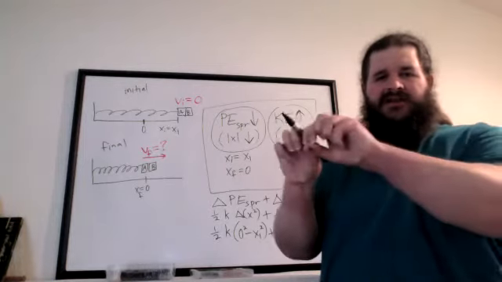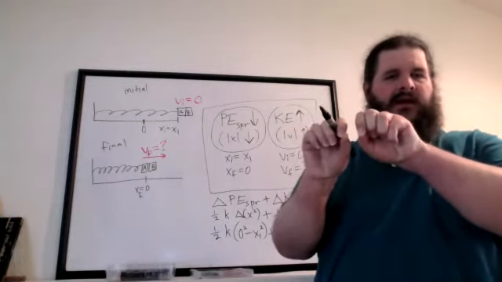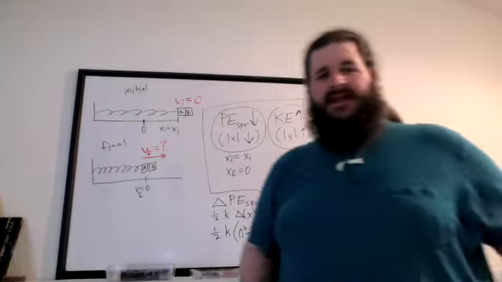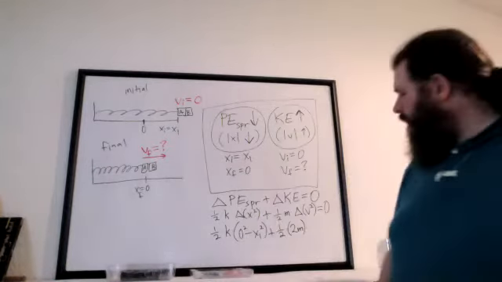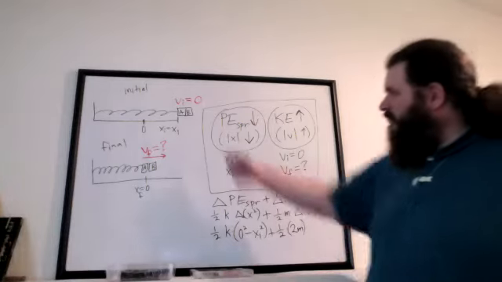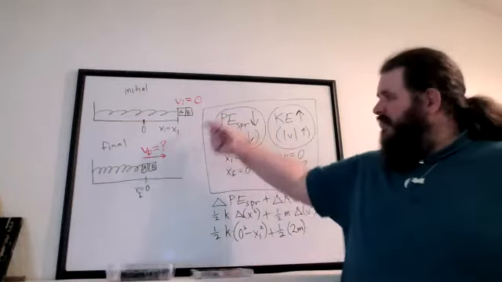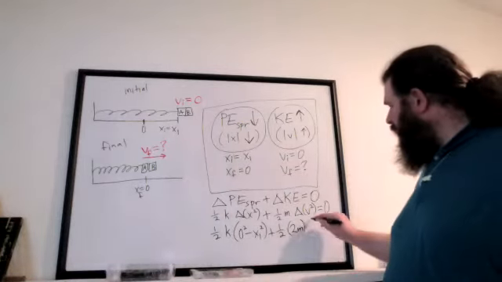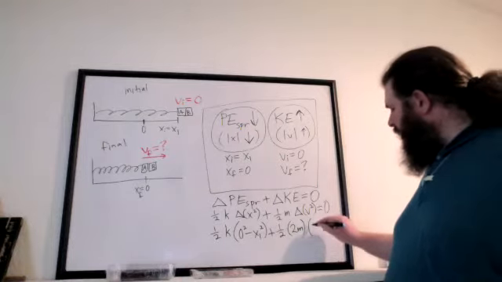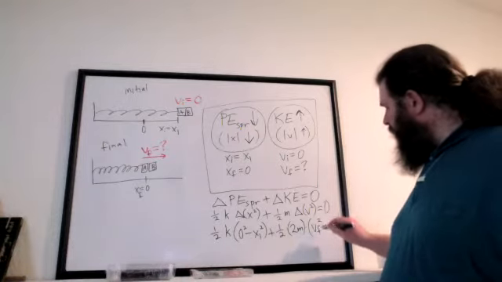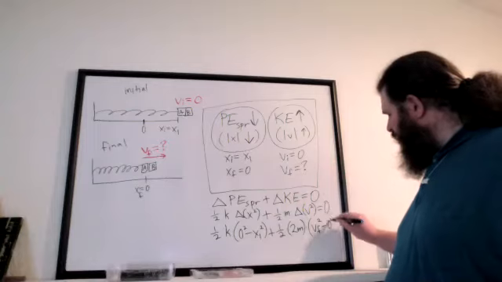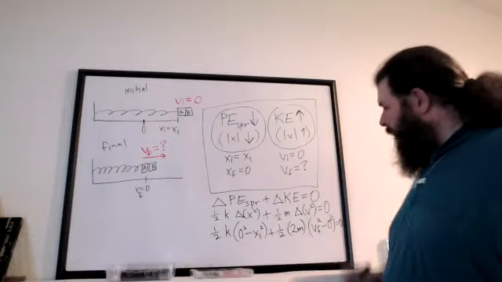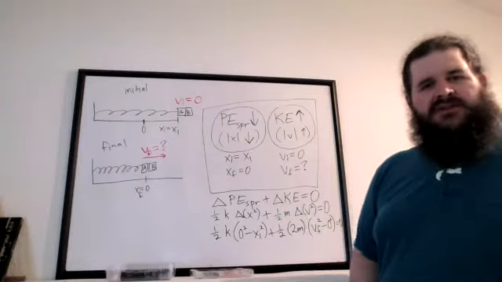All that's going on is the glue has broken, but they're still moving at that same speed right that instant. So we're going to treat it as a single object of mass 2m at initial and final situations. And then unknown final speed squared minus 0 is the initial speed squared. Any questions on the equation so far?